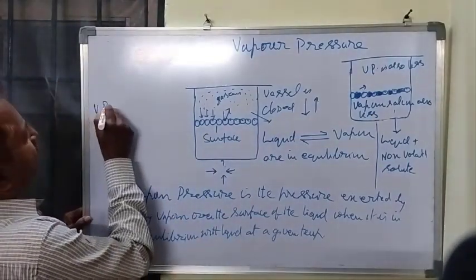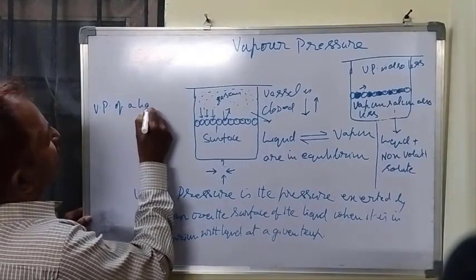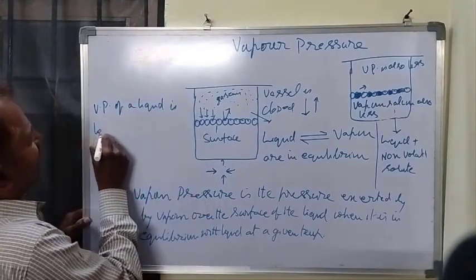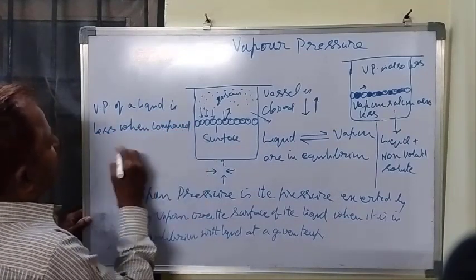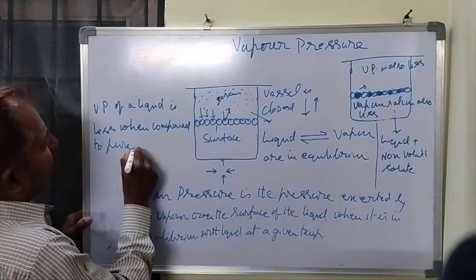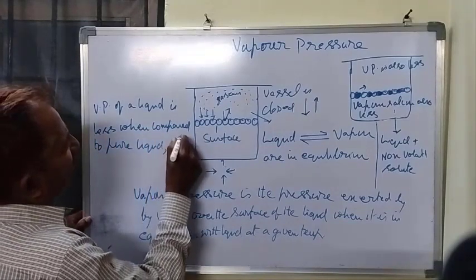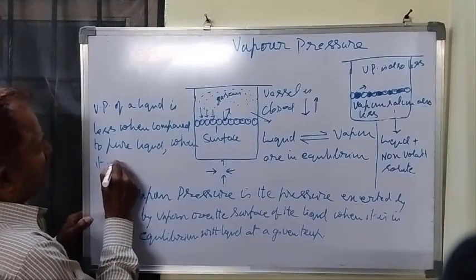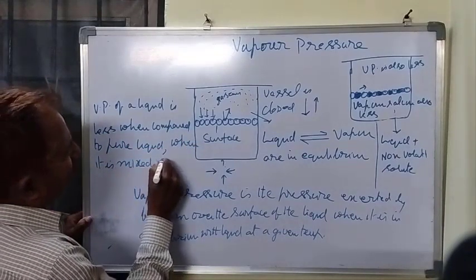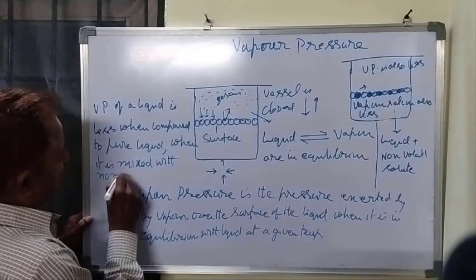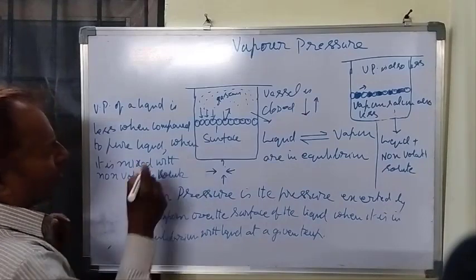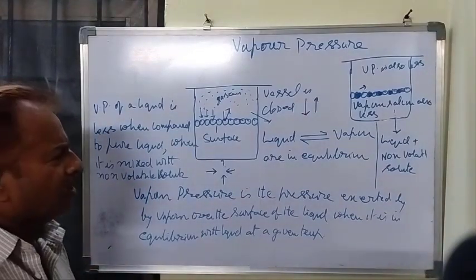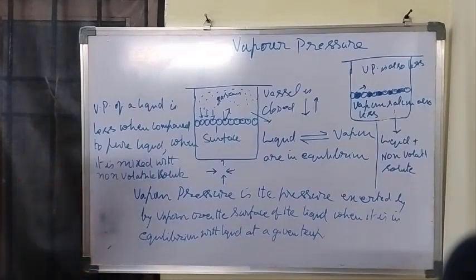Therefore, vapor pressure of a liquid is less when compared to pure liquid when it is mixed with non-volatile solute. So when a pure liquid is mixed with a non-volatile solute, its vapor pressure becomes less when compared to the vapor pressure of the pure solvent.